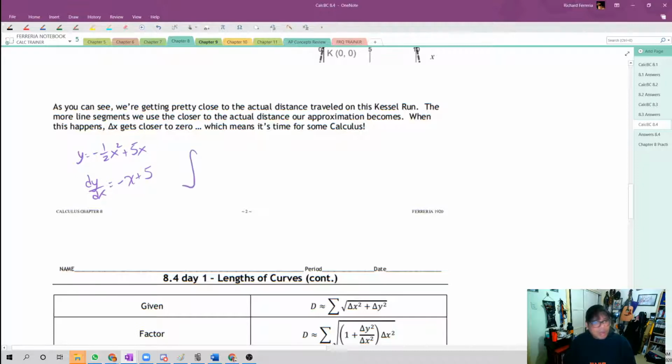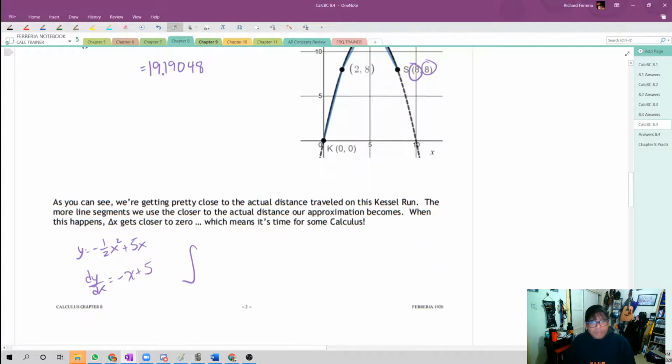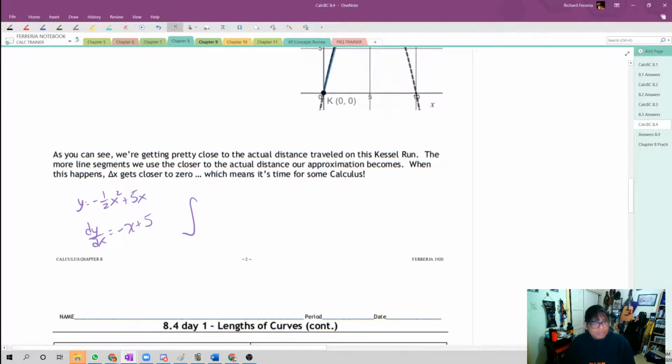And so the arc length here from x equals 0 to x equals 8 is the integral of the square root of 1 plus (negative x plus 5) squared dx. That's going to be the actual arc length.